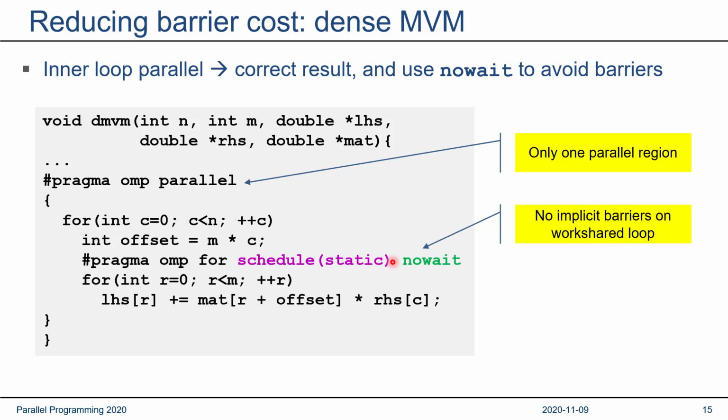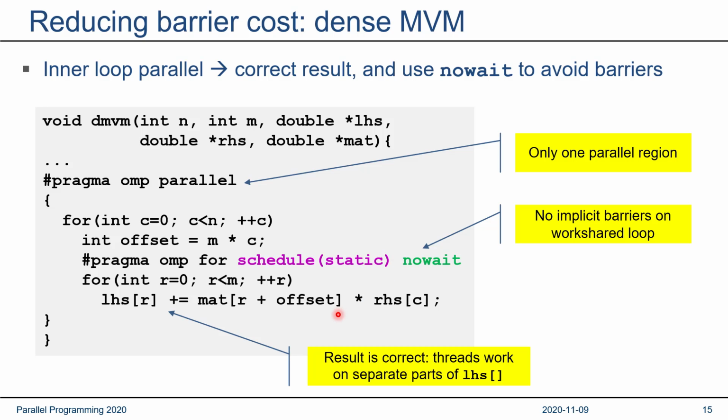The default scheduling for OpenMP workshared loops is not defined by the standard, so the runtime could do whatever it wants. In order to be sure that it's static, we have to specify it explicitly as done here. And static is the only schedule that ensures always the same assignment of iterations to threads. So that's why we need it.